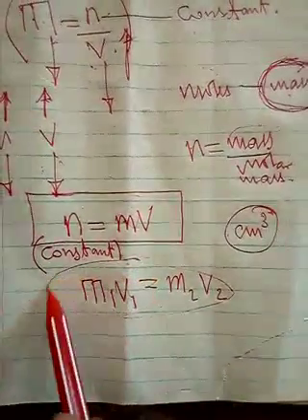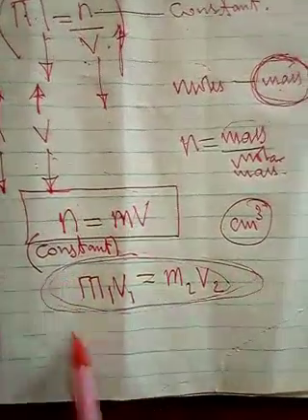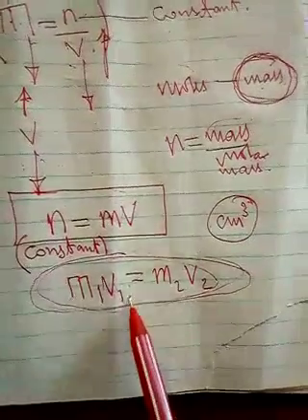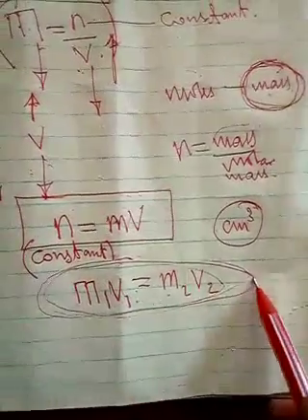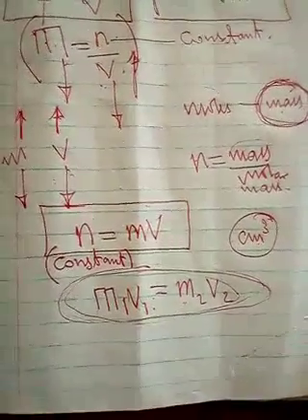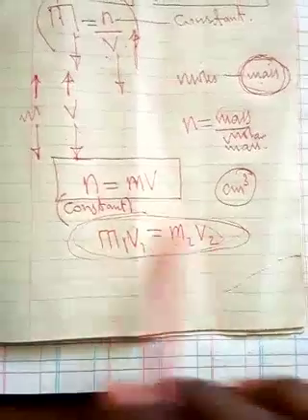But if you are using your dilution formula, M1 V1 is equal to M2 V2, you don't necessarily need to convert. If they're in centimeters cubed, then it's fine. Okay, so let us try to explain what we have just introduced here.